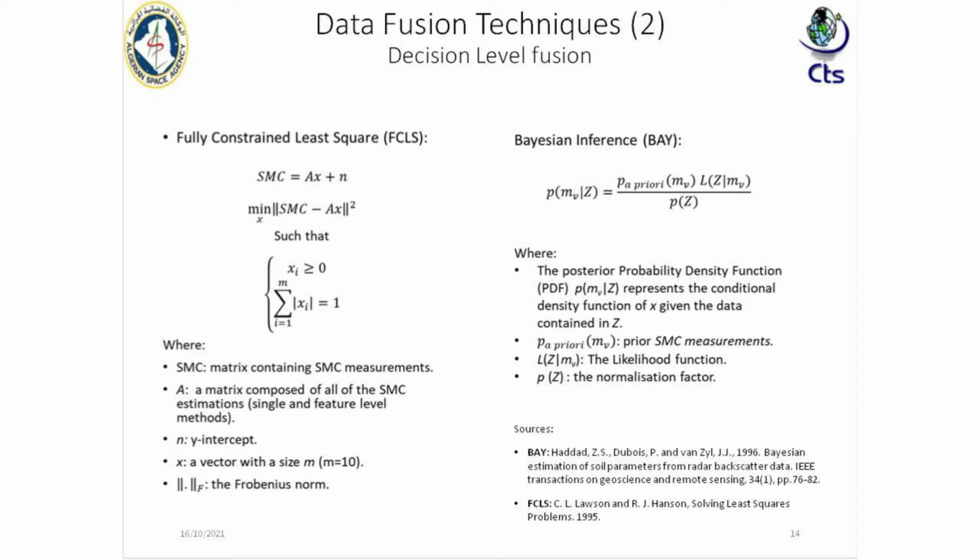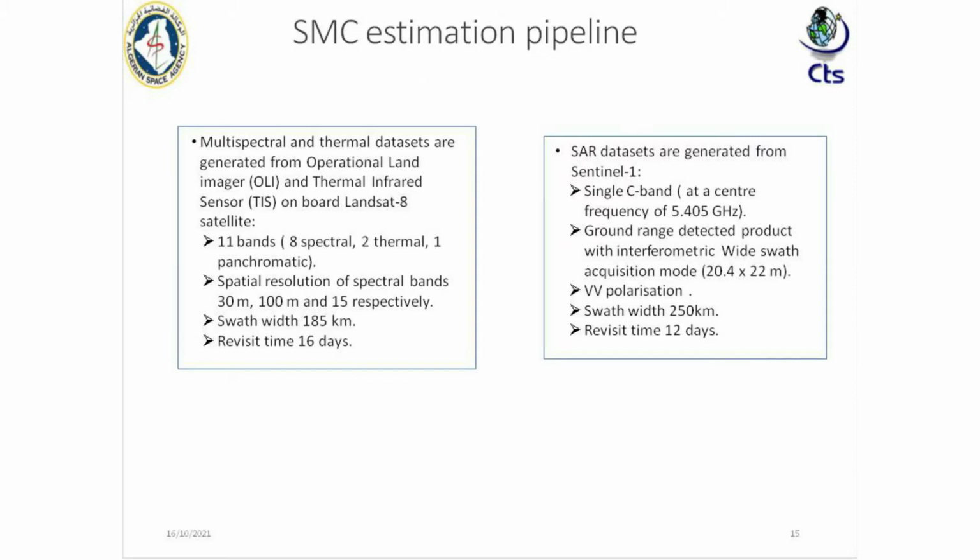We use these methods to assign weights to each of the 10 estimations that I just presented to you, and we achieved very good results doing that. Now, before going to the SMC estimation pipeline, we need to stress that we used Landsat 8 and Sentinel-1 data for this work.